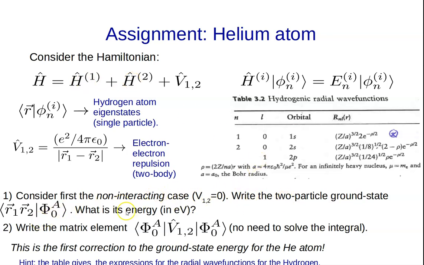I'd like you to write the ground state for this Hamiltonian, H1 plus H2, in position space, and then tell me what the energy is. The energies of the hydrogen atom you should know. If not, take a quick look at Wikipedia, but keep in mind that especially the ground state. What is the energy of the ground state of the hydrogen atom in electron volts?